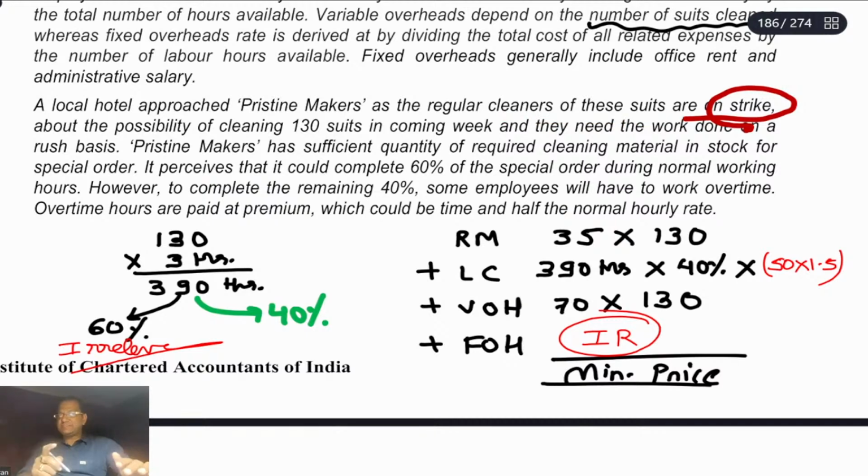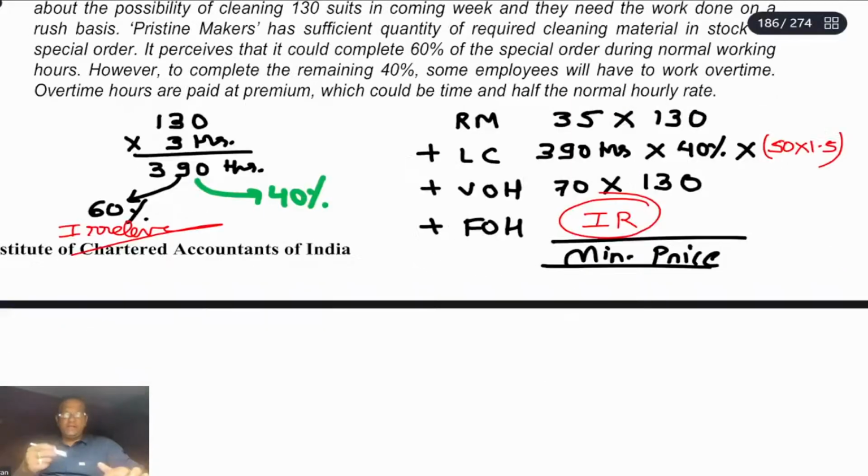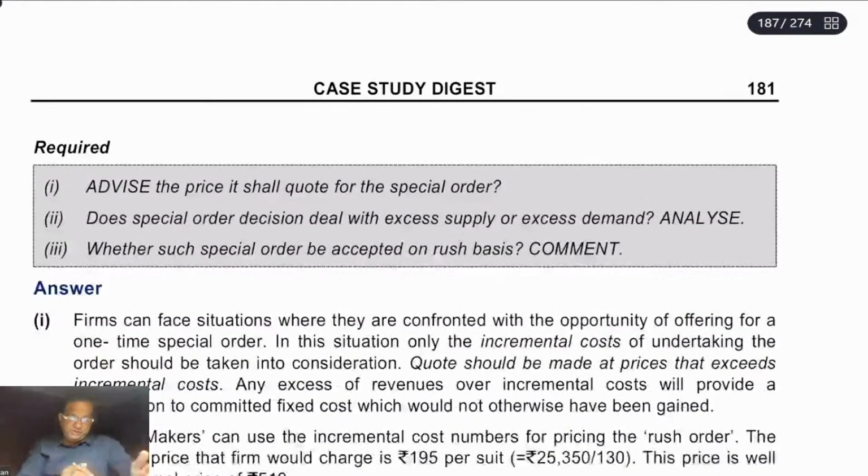There are very rare chances that this customer will be converted into regular customer. So the special order decision deals only with the excess supply. They are not dealing with the excess demand. The excess demand is temporary. We are not expecting that the same customer will come to us for repeated purchase. They are coming to us only because their regular cleaners are on strike.